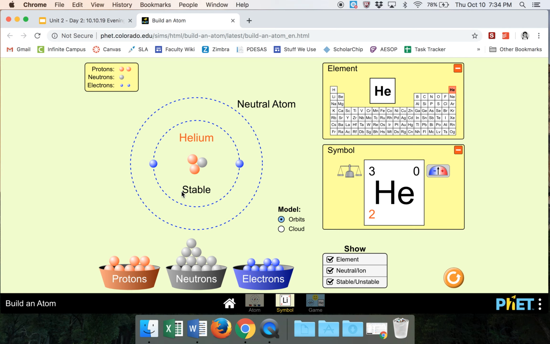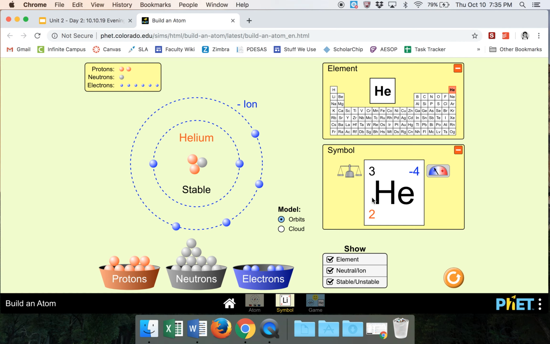So now it's saying, how does an electron change an atom? If I add some electrons, nothing I can see here, but I can see something over here going on. As I add electrons, this is becoming more negative.